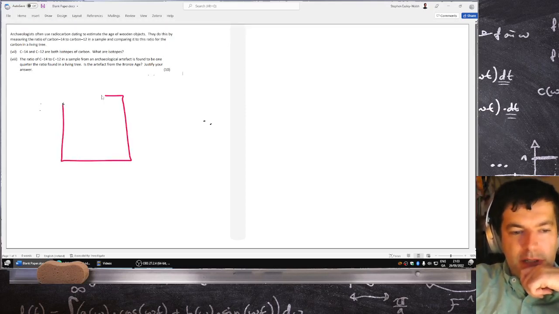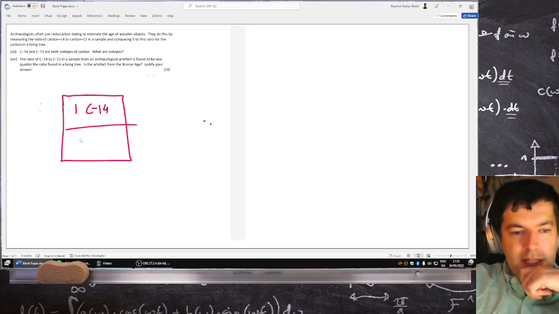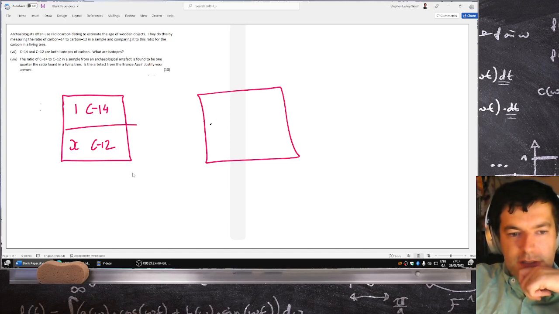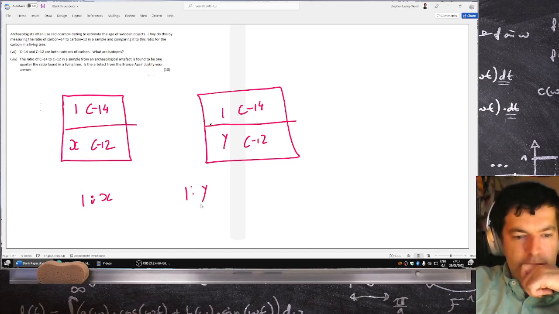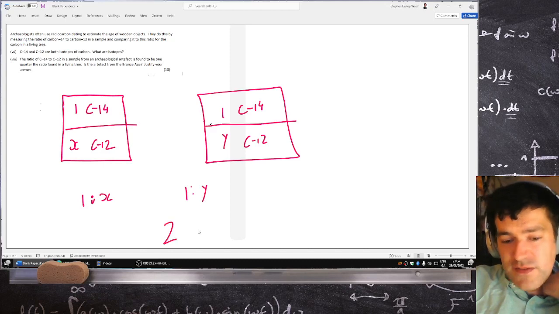You could have 1 part carbon-14 in a living tree and X parts carbon-12, so this would be 1 to X, and then later you have 1 part carbon-14 and Y parts carbon-12, 1 to Y. Well, this is 1/4 of what it was. So I think that's making it sound like 2 half-lives.